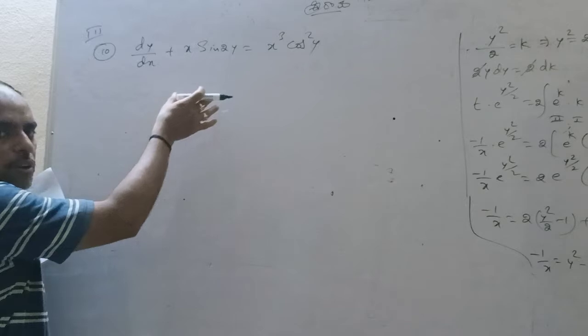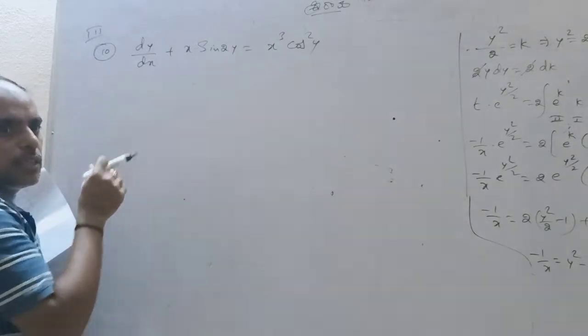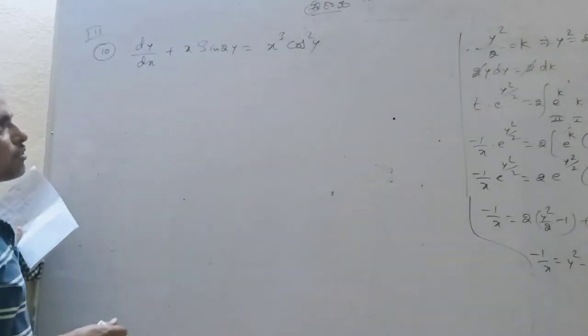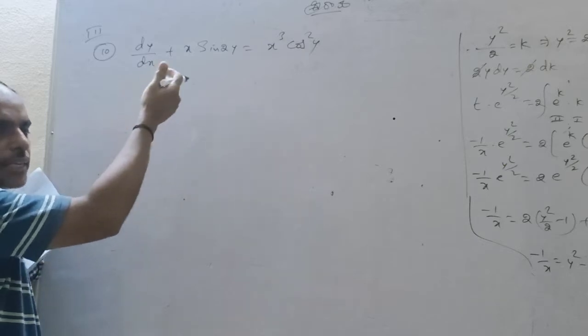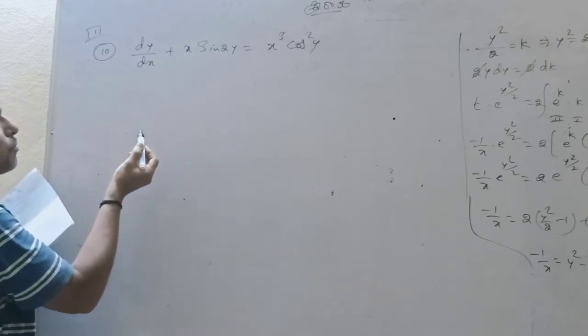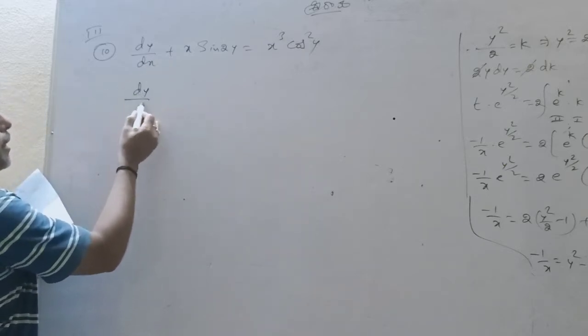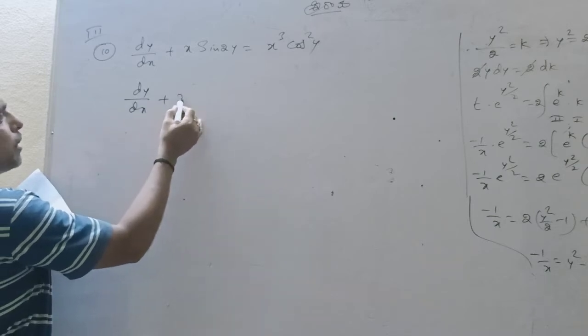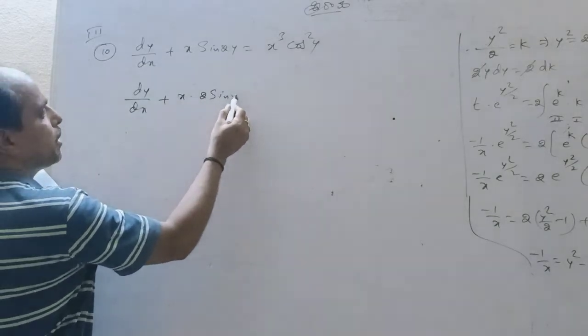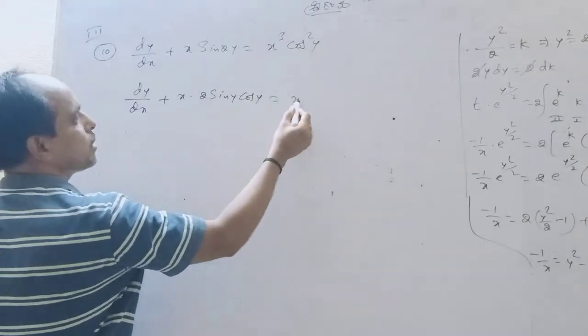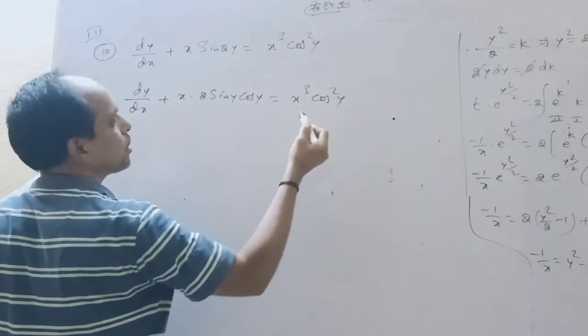This question and the previous questions are not directly related to linear differential equations. First you have to convert this equation into a linear differential equation. How will you convert? So dy by dx plus x into 2 sin y cos y is equal to x cube into cos square y.